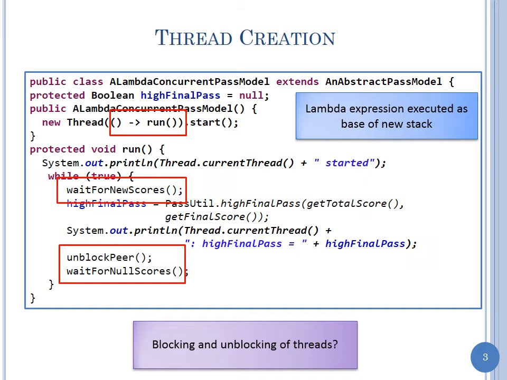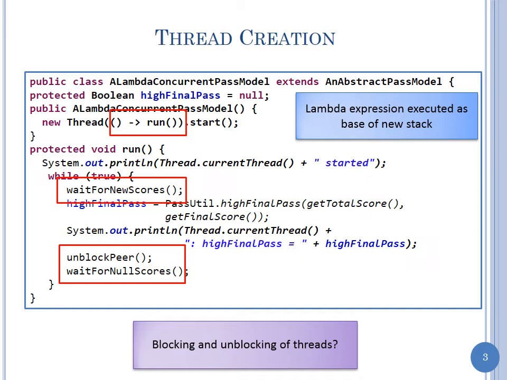Okay? And the thread needs to know what to do. What to do is decided by you. So you give it a lambda expression here, and that lambda expression is executed as the base of the stack. Okay? So our lambda expression here is basically like the lambdas we saw in Lisp. Now that we know Lisp, what goes before the arrow are the arguments to the lambda, and what goes after the arrow is the body of the lambda.